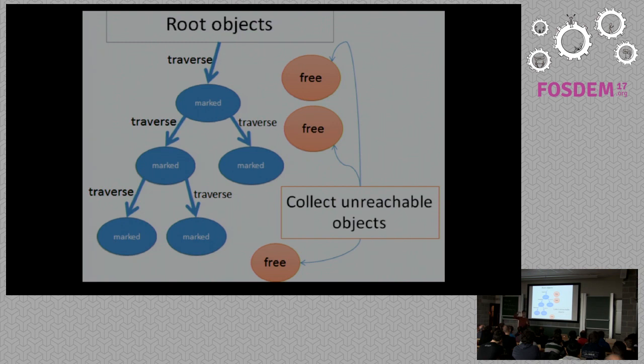Anyway, we start at our root object, traverse down the object graph until we've marked everything that references each other, and then any object at the end of that which hasn't been marked is free because nothing is referencing it, right?